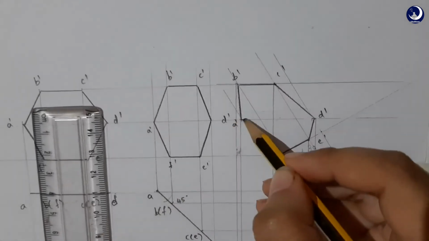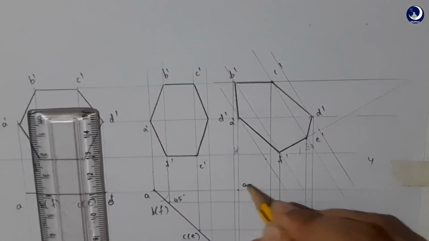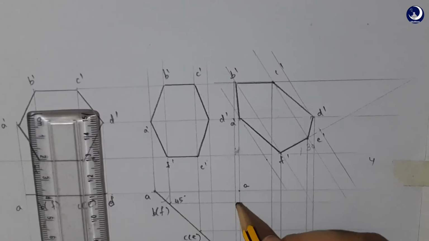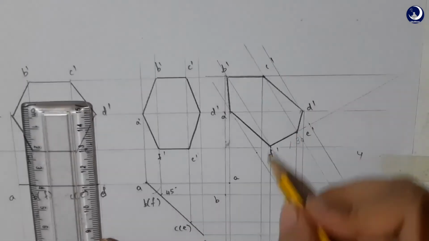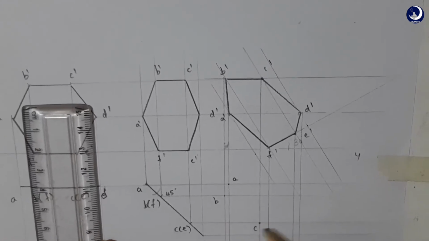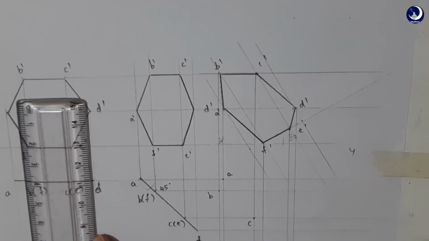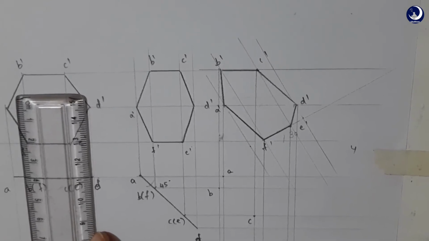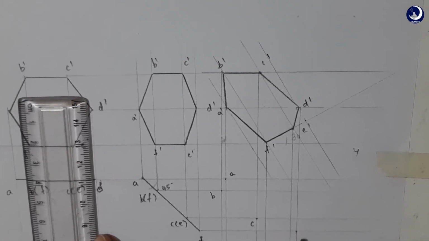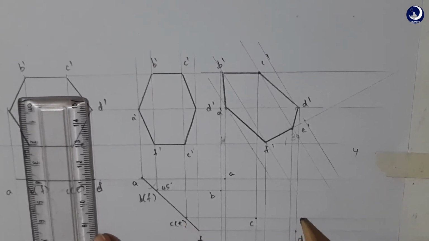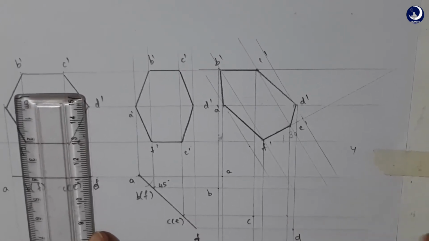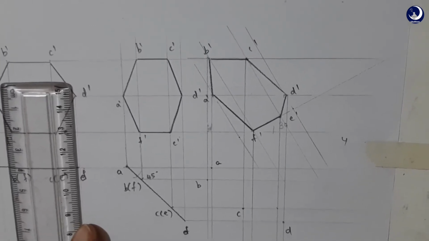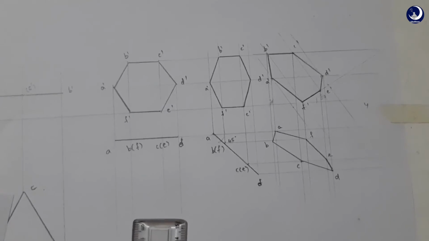So A and A, this is A. B and B. C. D. E. So finally I joined all the points.